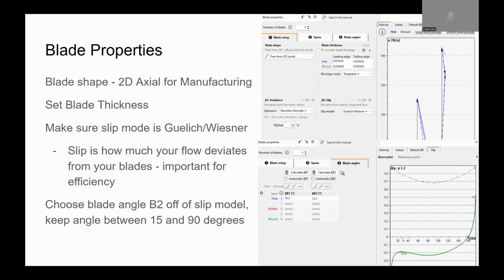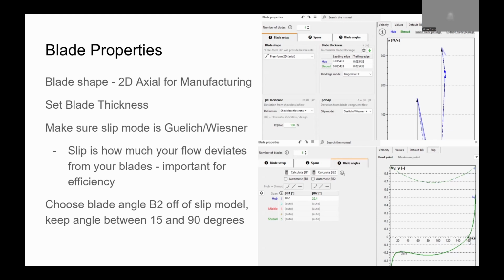What you can see here with this curve is your slip as a function of blade angle. So slip on the Y, blade angle on the X, and it has minimum values. This is sort of this local min for the slip value here. So that's why beta B2 is 26.4, because the slip model tells us 26.4 is optimal.